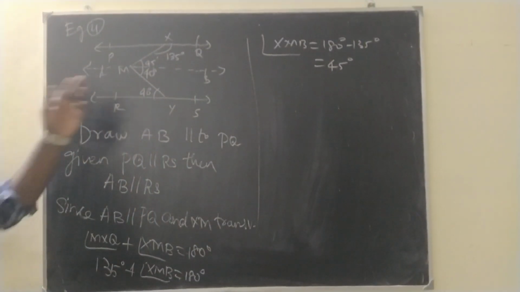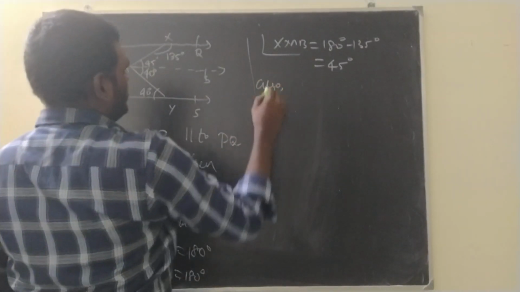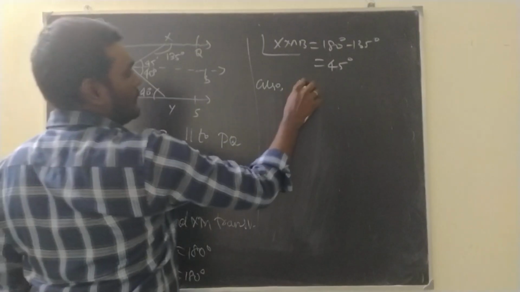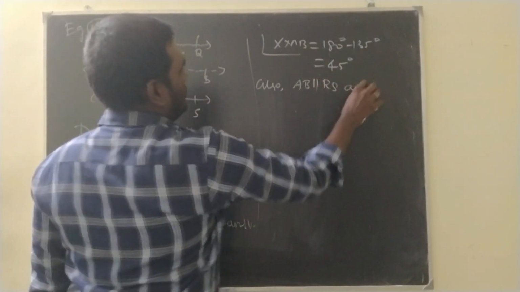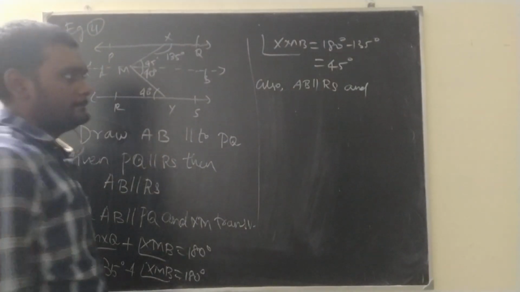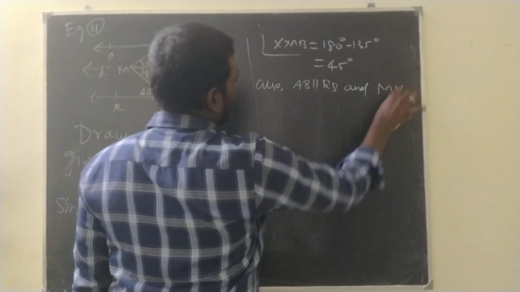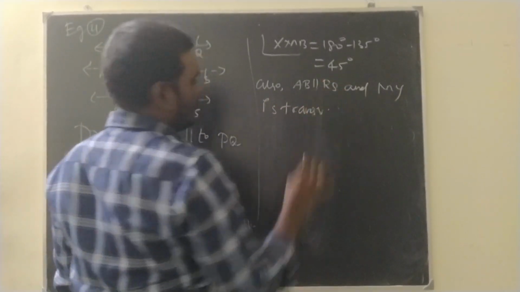the other one also. AB is parallel to RS, and who is the transversal there? MY. MY is the transversal.